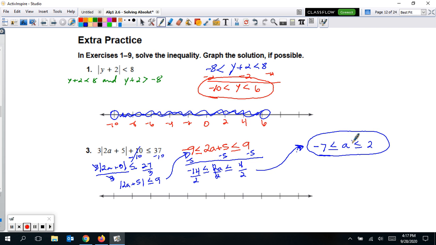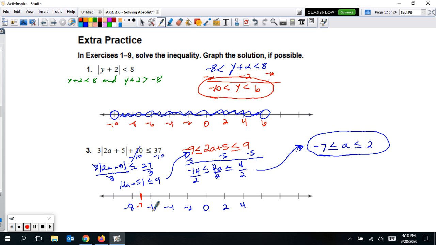And we need to put these numbers on the number line. So I'm going to put 0 here in the middle, and I'll go by 2's again. So there's 2 and 4, here's negative 2, negative 4, negative 6, negative 8. That puts negative 7 kind of right in the middle here.